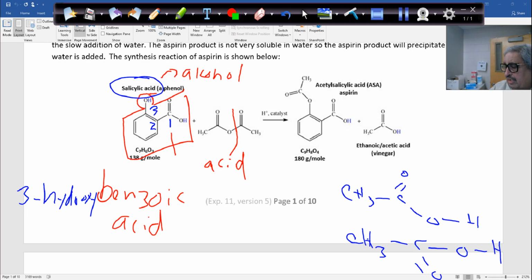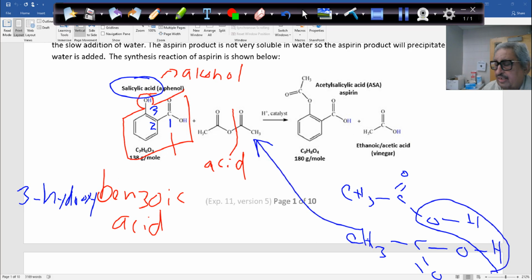So then you take H2O out of these 2 acids here. Then you get acetic acid anhydride. Anhydride means without H2O. So 2 molecules of acetic acid, you pop out H2O, you get acetic acid anhydride.